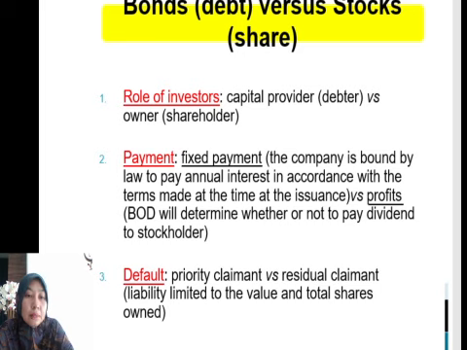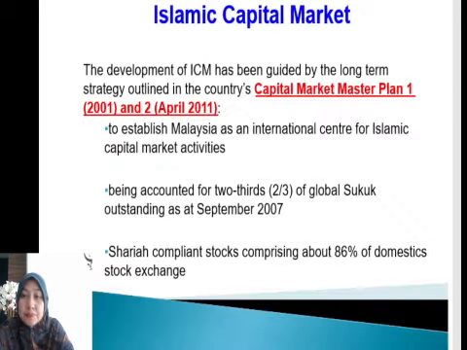Limited liability means they are liable to whatever loss happens to the business, but the value of losses depends on their capital. For the unlimited shareholder, it is unlimited to the capital that they provide to the business. So whatever loss, they have to bear the loss in case of default.